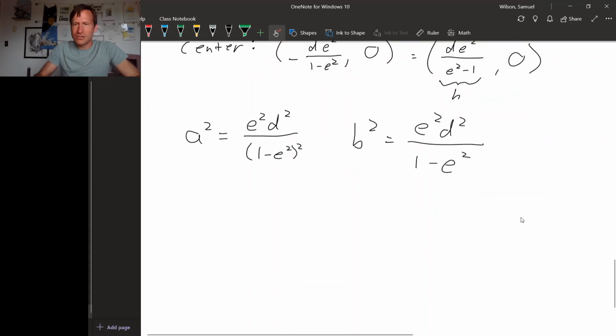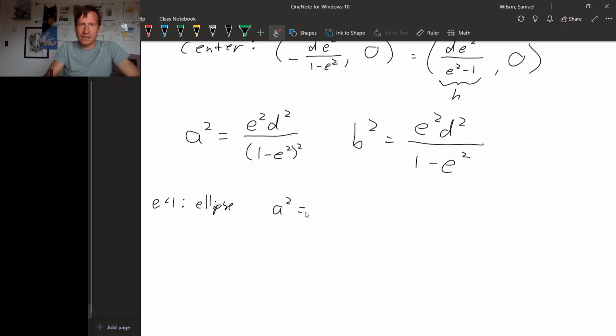Okay, now assuming that this whole mess gives us an ellipse, and remember we get an ellipse when e is less than 1, if we have an ellipse, then a squared is equal to b squared plus c squared. And remember, c is the focal radius of the ellipse. Now we know a squared and b squared, so we can find c squared.